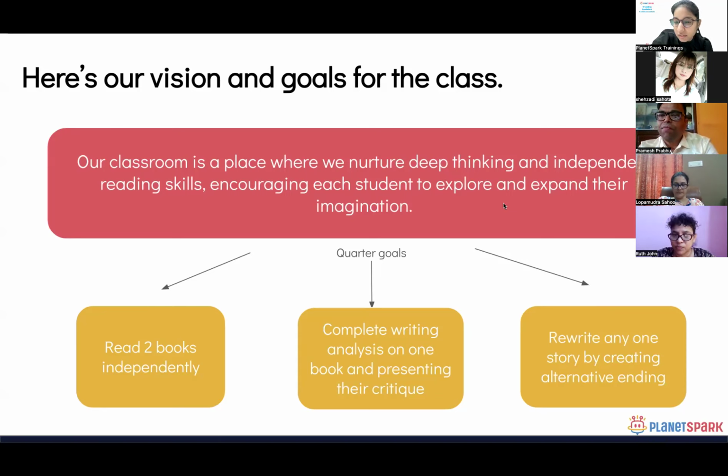Gradual, like we are giving proper time to process things within the children. Reading itself, for example, we are using this habit of reading, then independent reading, nurturing that deep thinking, and later on writing and rewriting their own thing.